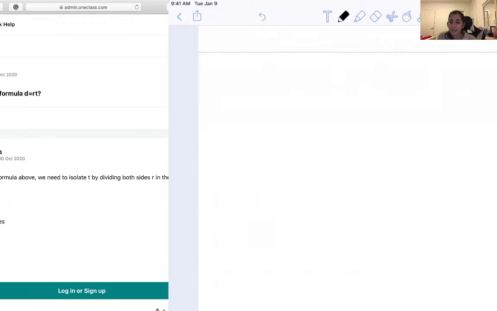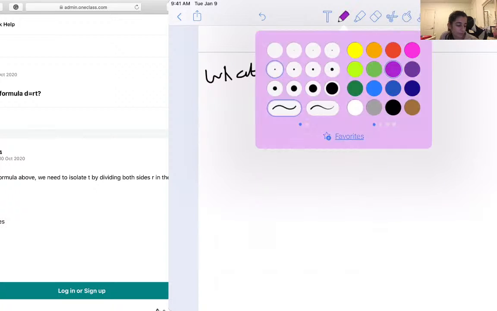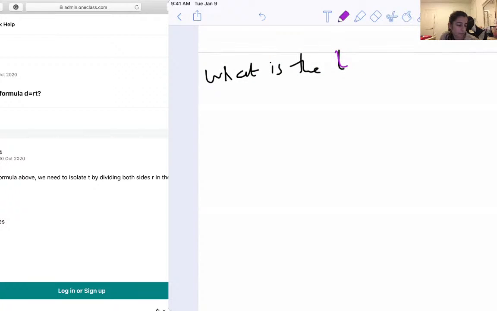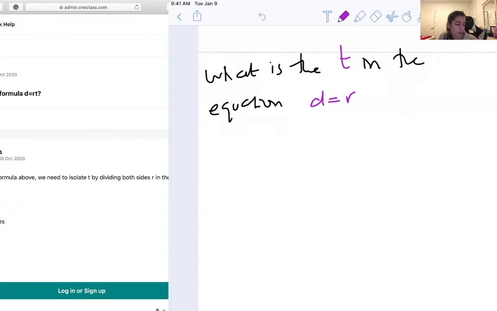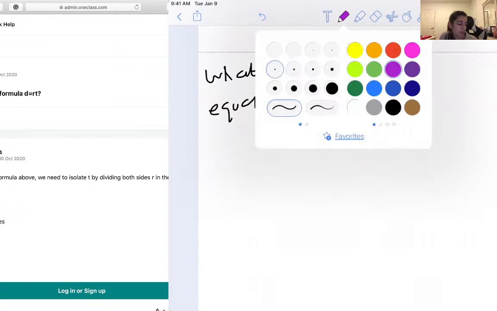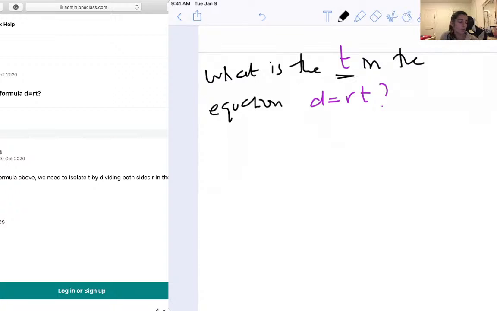Our next question asks us, what is the t in the formula d is equal to rt? What they're basically asking us to do is isolate for t from this equation.